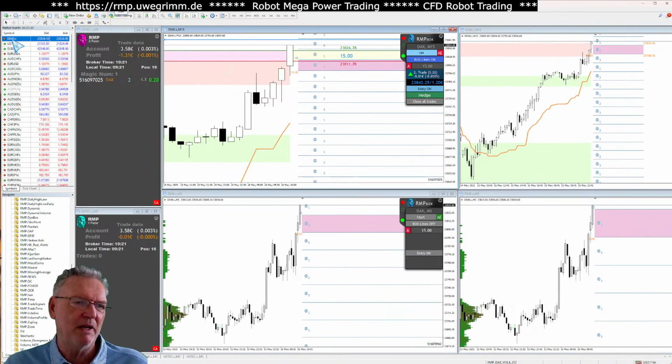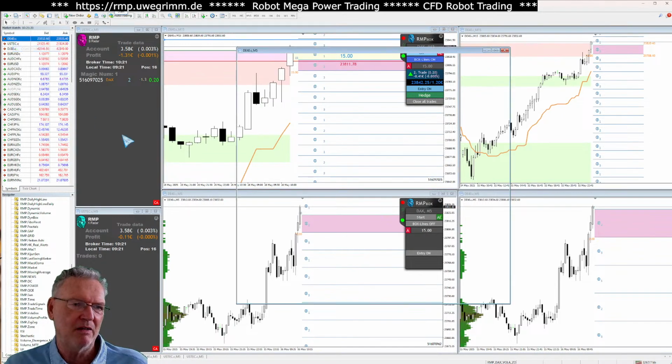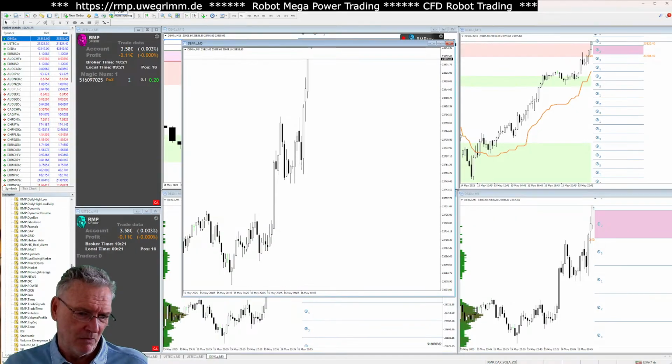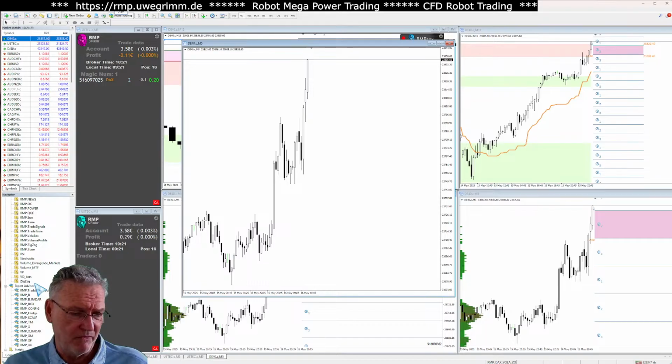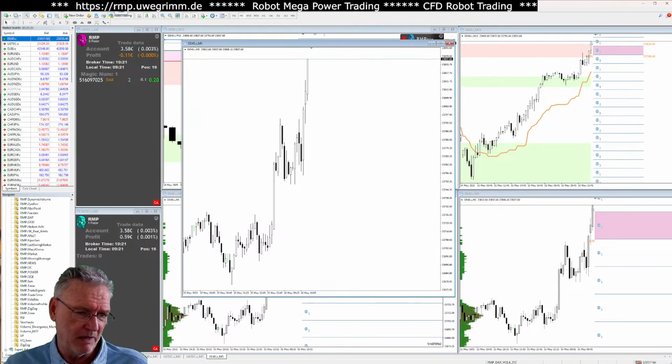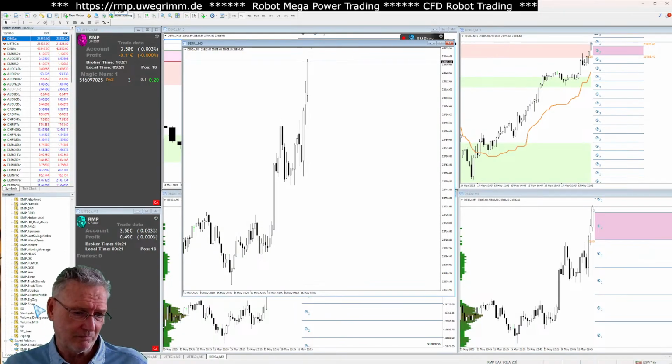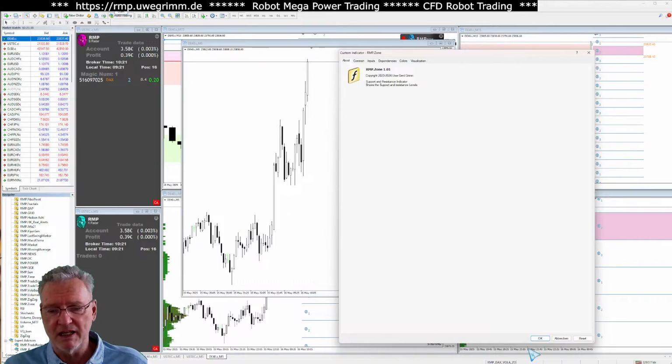So when I open an empty chart, right mouse click, new chart, you see we have expert advisors, and everything that starts with RMP is Robot Mega Power. There are a lot of indicators. And what we are using is this zone indicator.